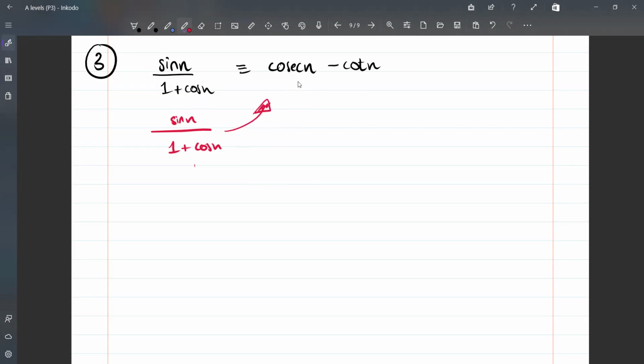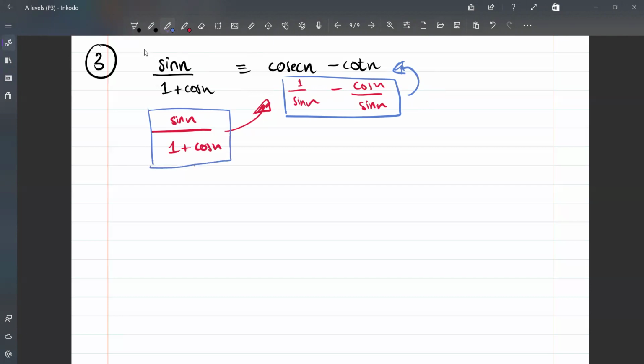And cosec x is 1 upon sine x minus cos x upon sine x. So essentially, we have to get it into this form first so that this can be proven. All right. But the problem is that this left-hand side is already in its simplest form.